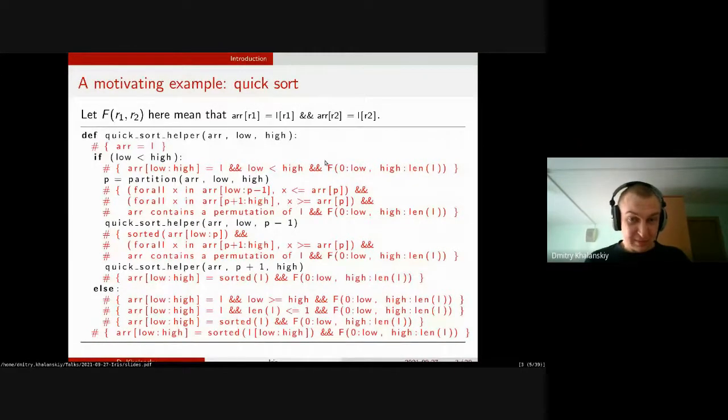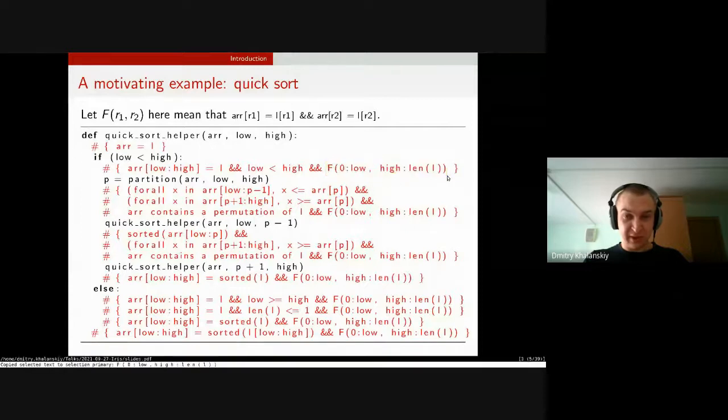Just something that I want to direct your attention to is the fact that every line has this logical statement listed. And this logical statement basically means that the quicksort implementation provided here does not touch any array elements other than those between the pointers low and high.